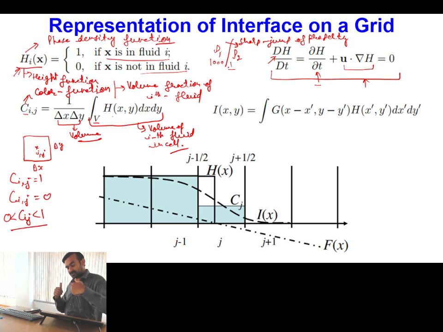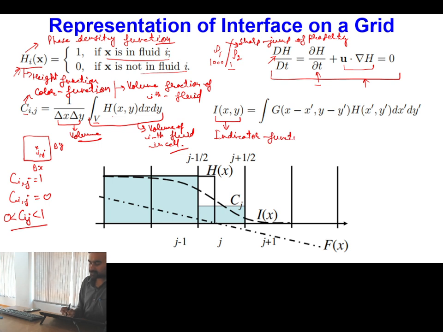So whenever we are solving the equations numerically, we need to allow a smooth transition of property from one phase to another near the interface. For that purpose, I define another function I(x,y), which is called the indicator function.